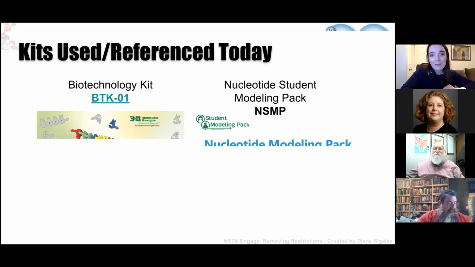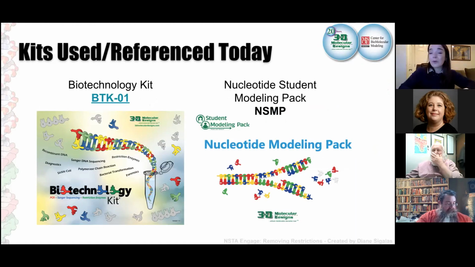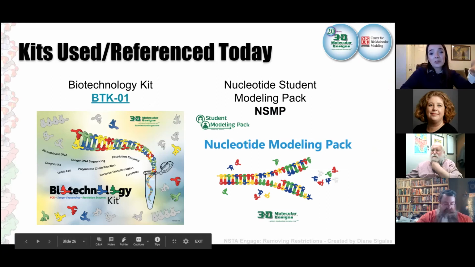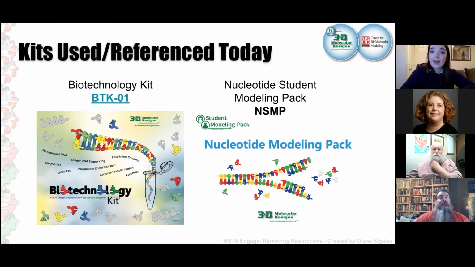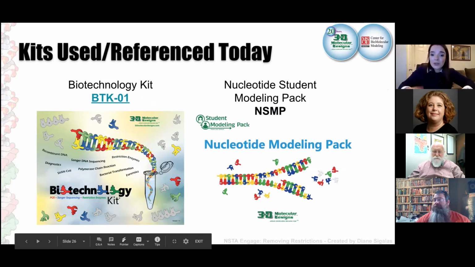So just to recap, because we're just about out of time. We've been talking today about the biotechnology kit, BTK01. This is the one that allows you to do 5 different concepts, so you're going to keep pulling this off the shelf again and again. The other one that you've been using is the nucleotide student modeling pack.